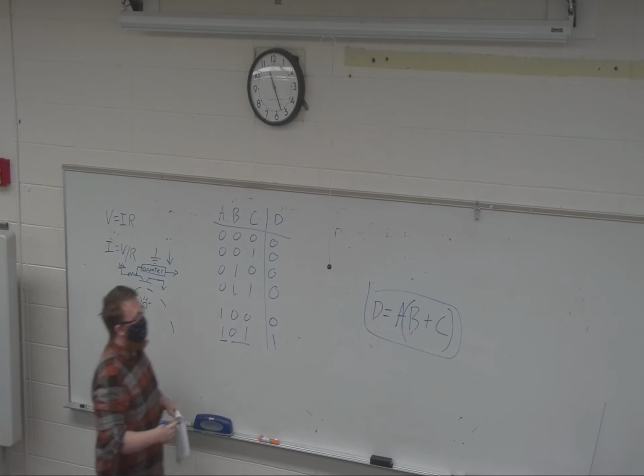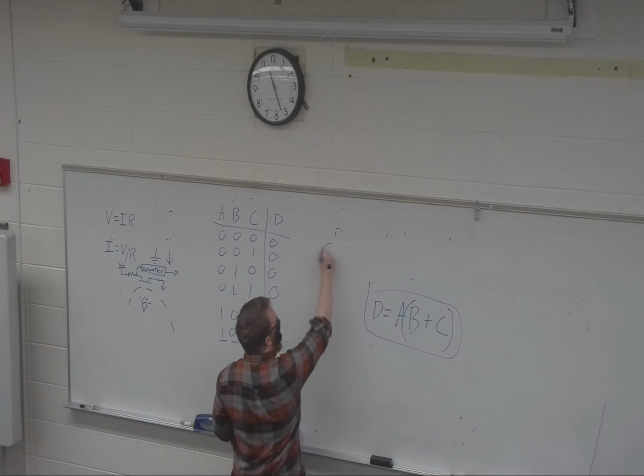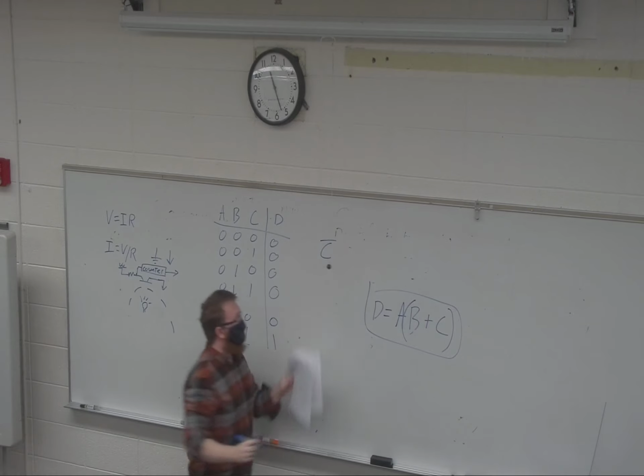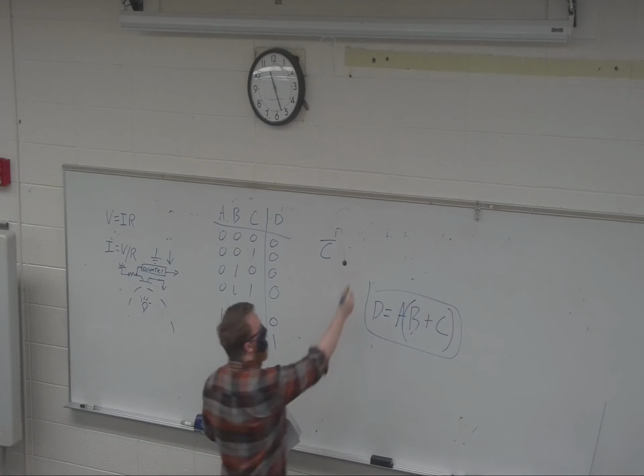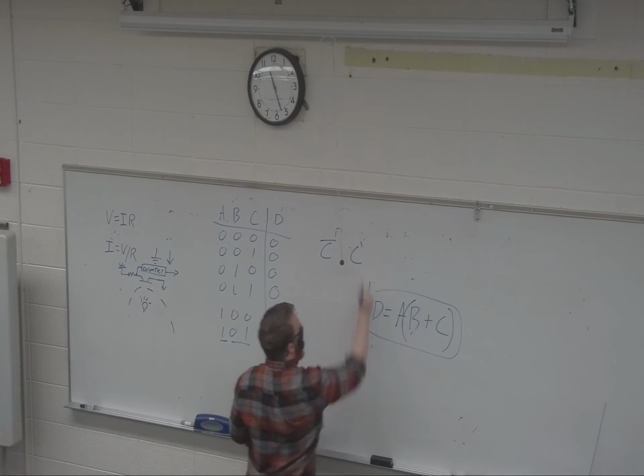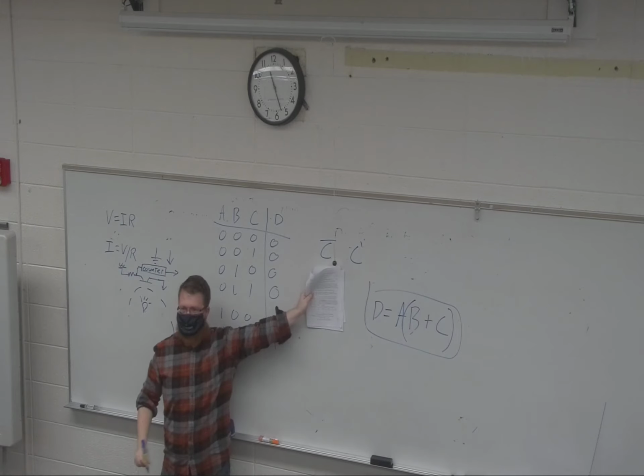Other notation, just so we're aware, if I'm writing on the board, I will almost always use C bar as the complement. If I'm writing it in text, it will almost always be C apostrophe. If I don't say C apostrophe, I say C tick, because tick is faster to say than apostrophe.